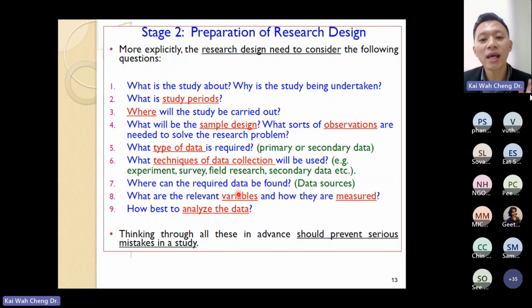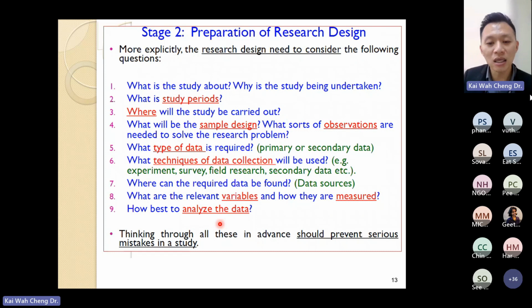And then where can you get the reliable data? And then how to determine the suitable variables for your research and how to measure them? And then how to analyze the data, what types of inferential statistics are you going to use to analyze the data, what software are you going to use to interpret the data.